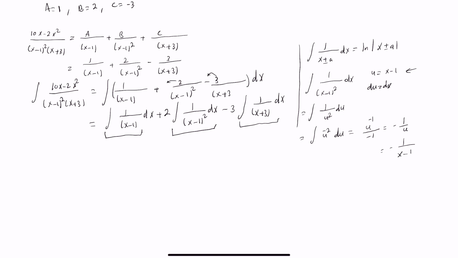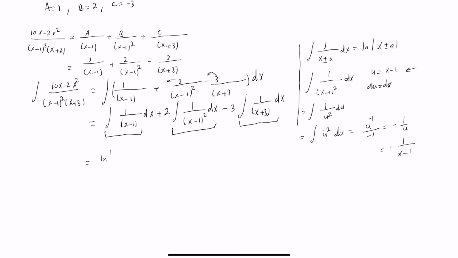Now let's move to the left side. The antiderivative of the first integral is going to be the natural log of the absolute value of x minus 1, plus 2 times the antiderivative of the middle integral, which is minus 1 over x minus 1, and then minus 3 times the antiderivative of the third integral, which is the natural log of the absolute value of x plus 3, and then we do not forget the c.